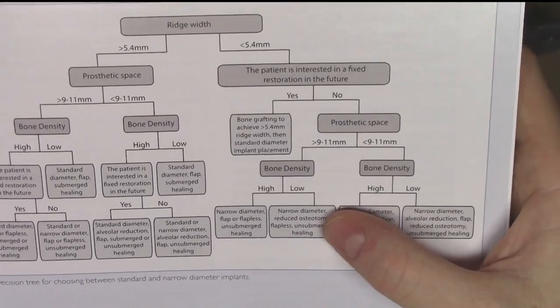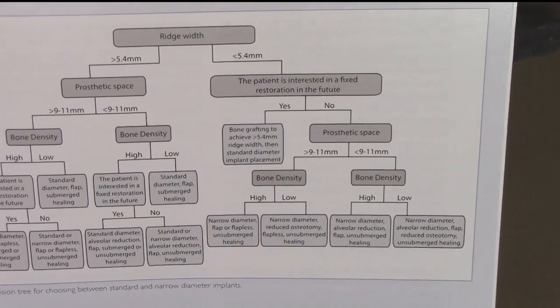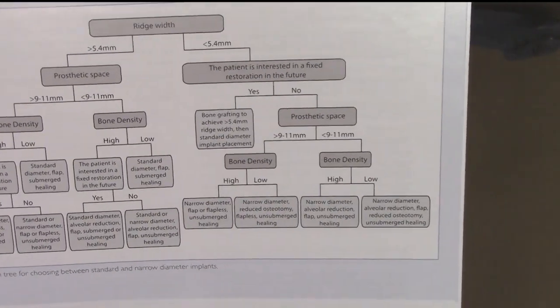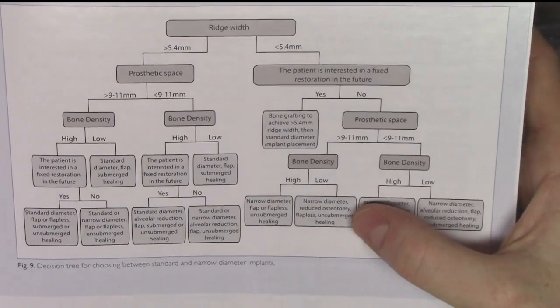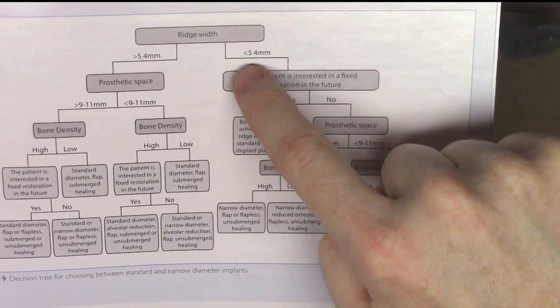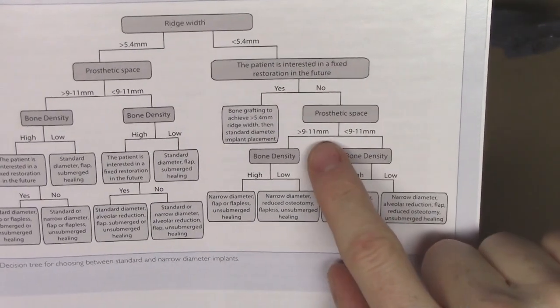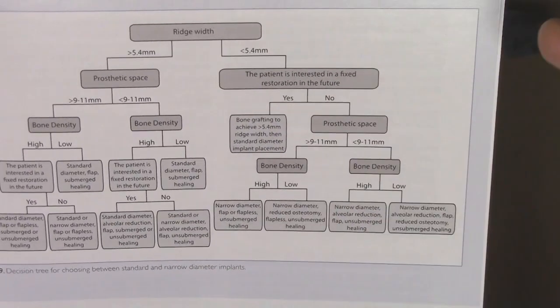In low density bone, typically what we're going to do is narrow diameter implants with a reduced osteotomy so that I can grab the bone more. What does that mean? Typically I know that I have low or minimal bone width. The patient is okay with a complete denture, sufficient prosthetic space, but low bone density.